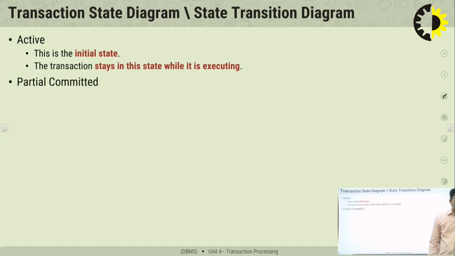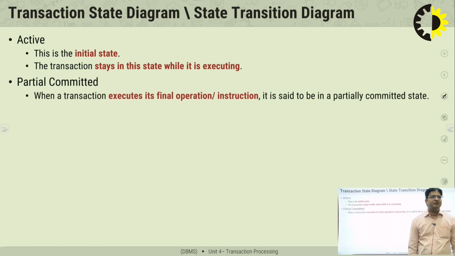So, we can describe the active state as the initial state, in which the transaction stays until it is executed. The next state we have already discussed: when the transaction executes its final operation, it is said to be in the partially committed state.